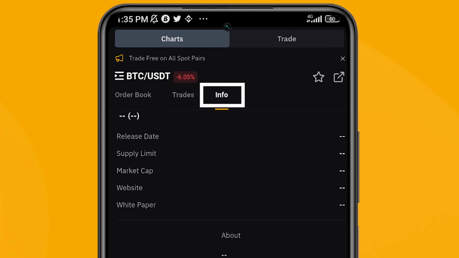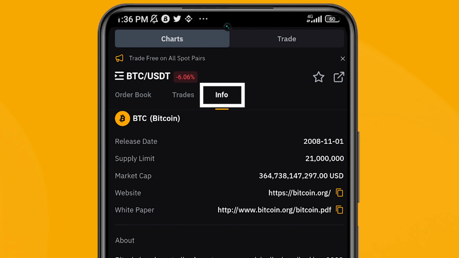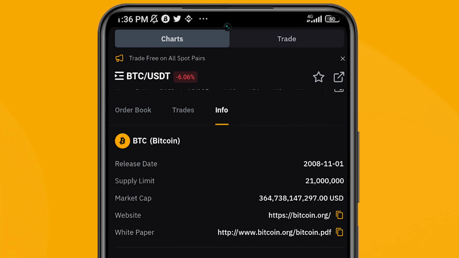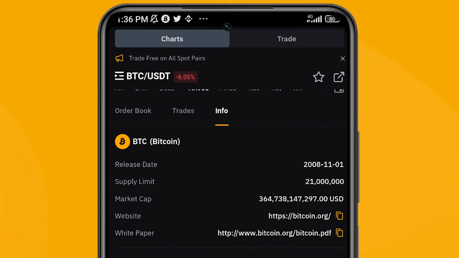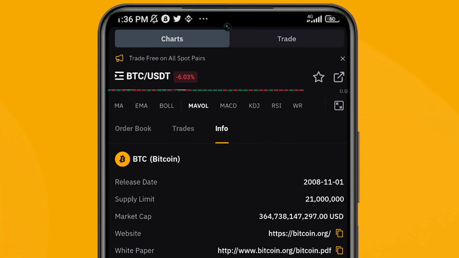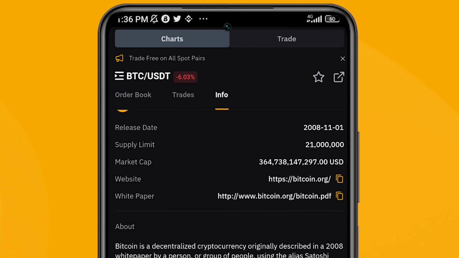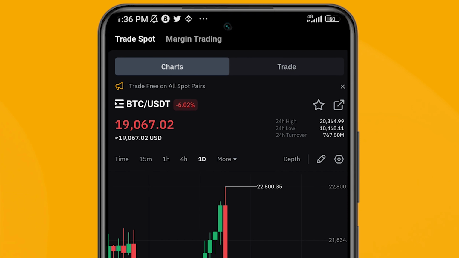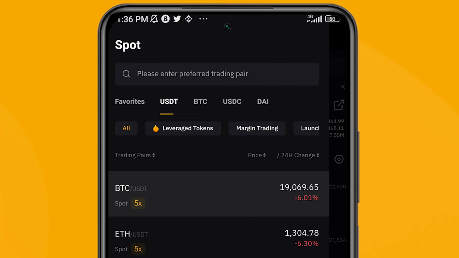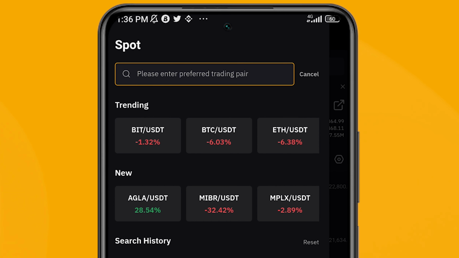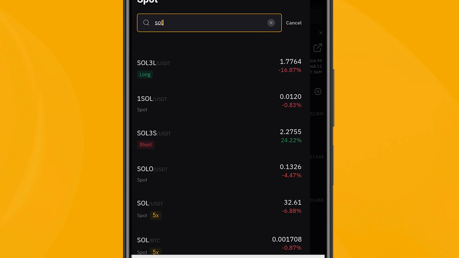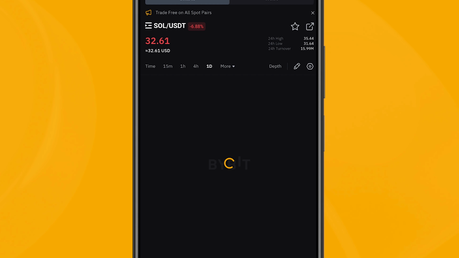Also, here we go to info. Bybit gives you info about the coin. It tells you more about Bitcoin, what you should know, and when it started, a brief introduction about the coin you are buying. For example, let's take a look at Solana.